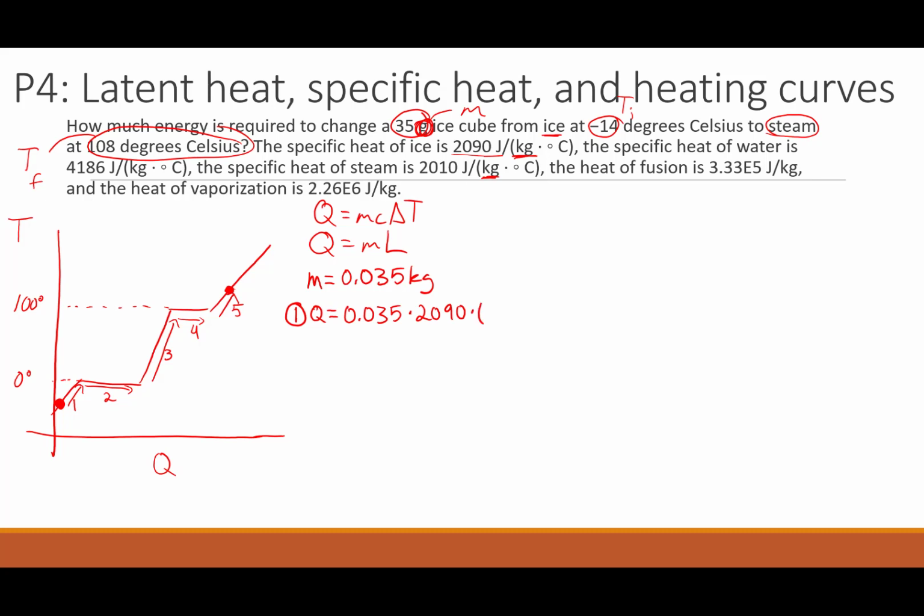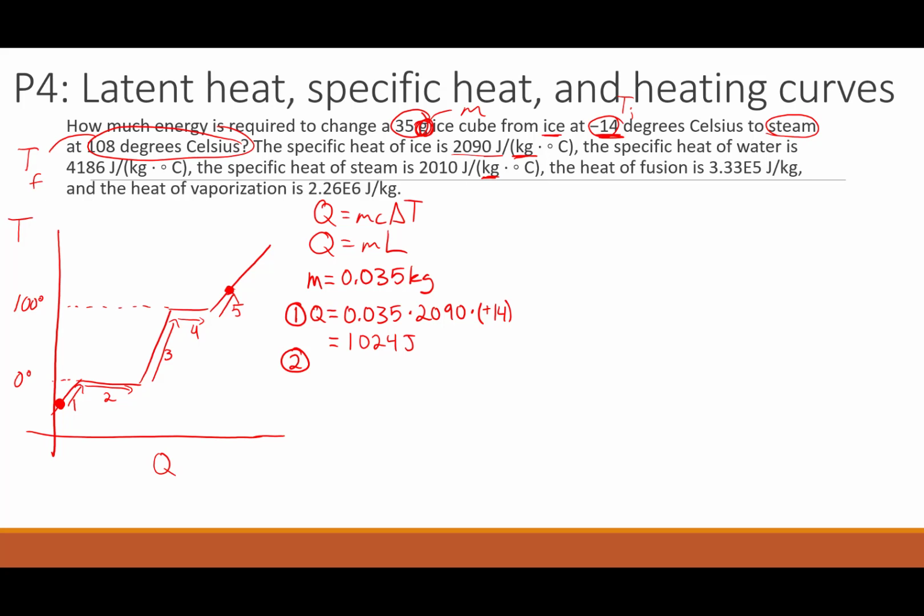And the change in temperature of the ice, well, since it starts at negative 14 and it goes to 0, the change in temperature is positive 14. Calculate that out. 14 times 2090 times 0.035 gives me 1024 joules.